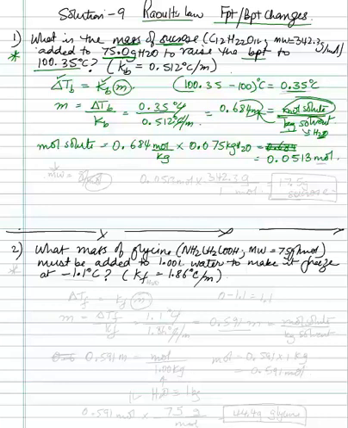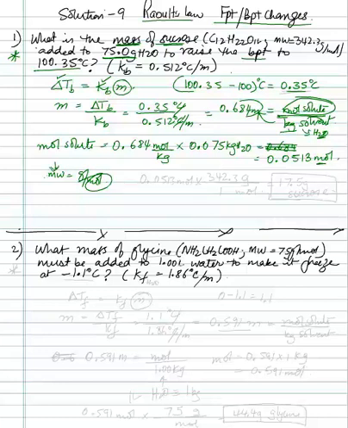You need to multiply the molality by the kilogram of solvent. Once you have the moles, remember we are calculating for mass, and molecular weight is grams per mole. So you already know the moles, that's what we're getting from here, and you know the molecular weight.